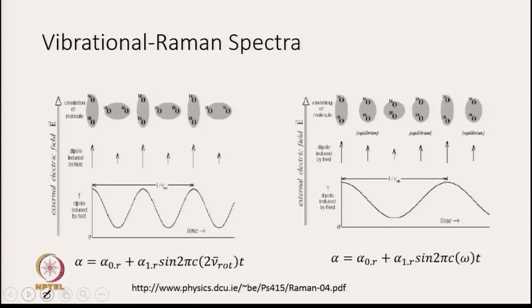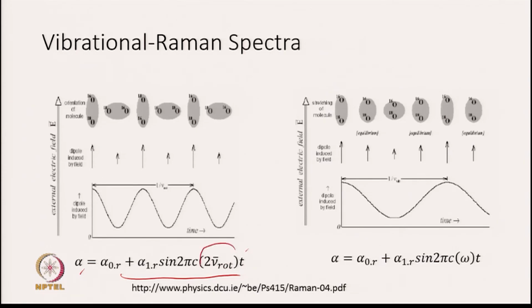In the rotational spectrum, alpha is given by this equation, where alpha 0 r is the polarizability at the equilibrium position, plus alpha 1 r multiplied by sin 2 pi c multiplied by 2 nu bar rotation, and then multiplied by t.